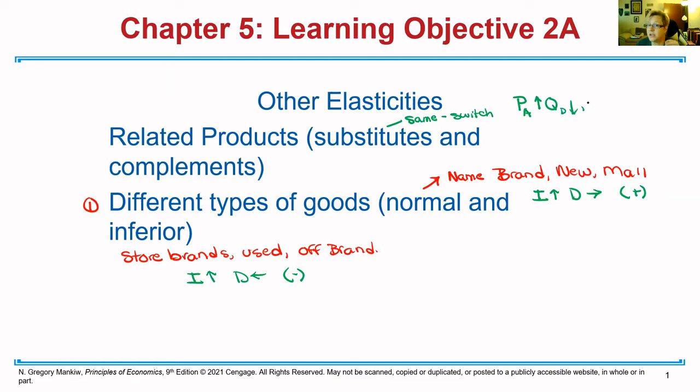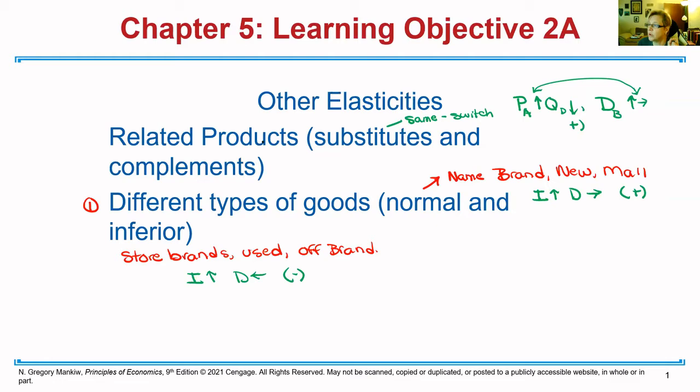And because the price of good A increases, and we see good A and good B as substitutes to each other, the demand for good B will increase or shift outward and to the right. Notice that when we look at the correlation here between the price of good A and the demand for good B, it's a positive, right?